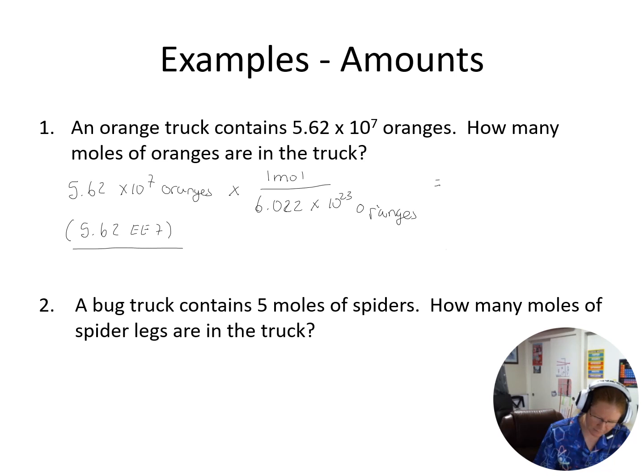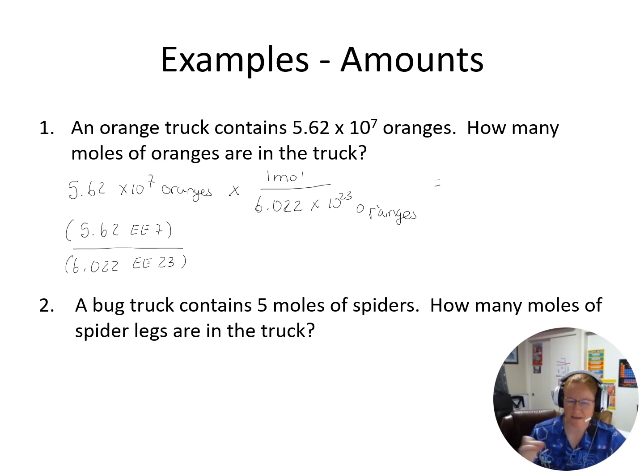divided by 6.022 EE 23, close parentheses. And it's really important: if you don't enclose that 10 to the 23rd in parentheses, your calculator will read it wrong. It'll do 5.62 times 10 to the 7th divided by 6.022, and then once it's done that division, it will multiply the whole answer by 10 to the 23rd.